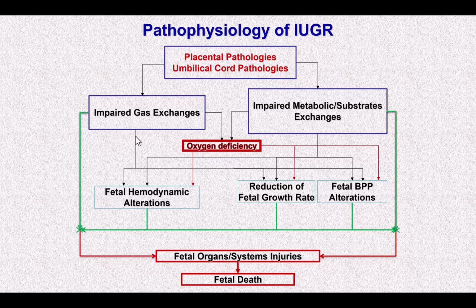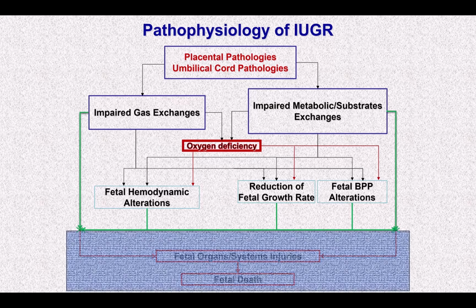All these strategies are used by the fetus in order to avoid the fetal organ system injuries and finally the fetal death. We have to be able to identify the hemodynamic modification or alteration, the reduction of the fetal growth, and the alteration in biophysical profile in order to avoid the injuries.